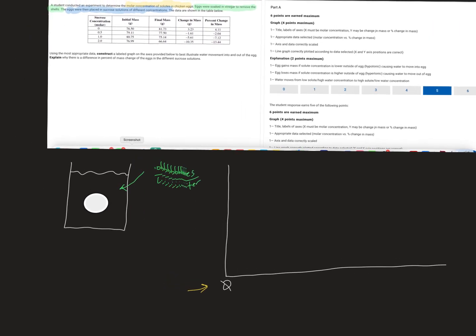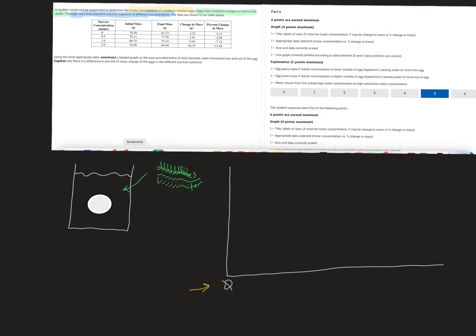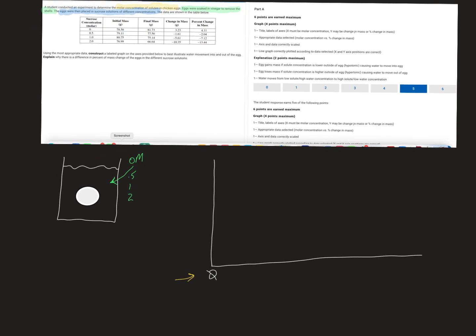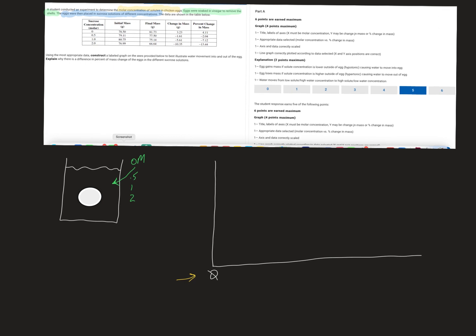So this is, you control that. You control the moles per liter, the molarity of the solution. You're controlling that. It's either going to be 0.5, it's going to be 1, or it's going to be 2 or 0, right? 0, 1, 2, 0.5. And because you're controlling it, we call that the independent.